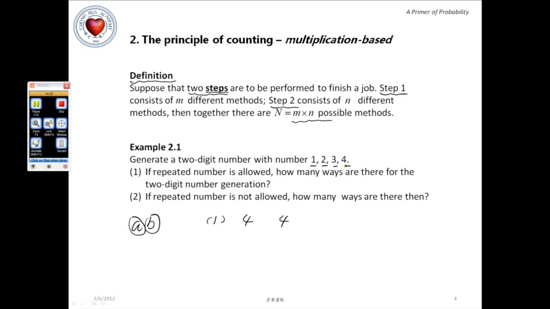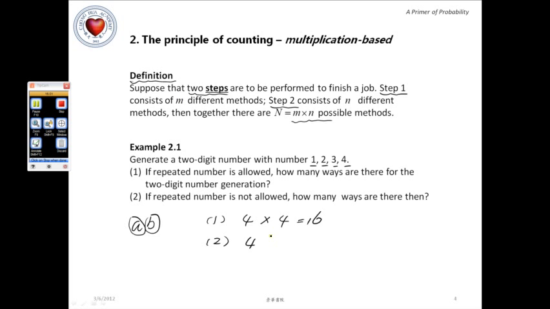If any step is cancelled, will the required job be finished? Obviously not. So we can do the multiplication calculation. Together there are 4 by 4 equals 16 different ways. For question 2, step 1 of selecting the single digit still consists of 4 methods.